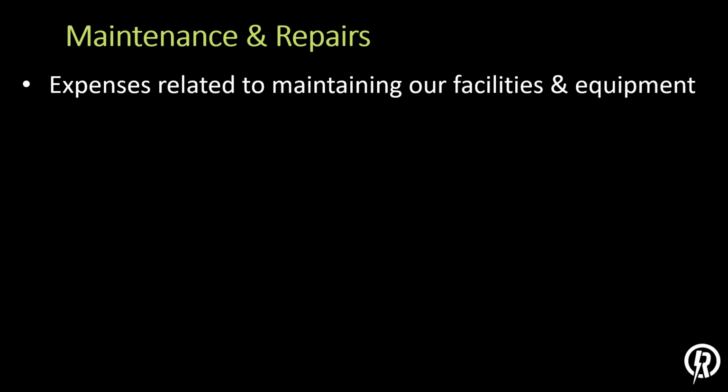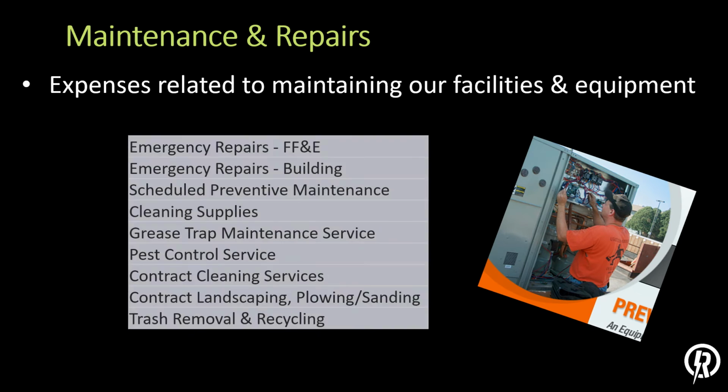Then the next one is maintenance and repairs, and this is all of the expenses related to maintaining our facilities and our equipment. Here you're going to see two different types of maintenance expense, and the key point is that for maintenance, what we want to be spending our money on is preventative maintenance, maintenance that's regularly done, because that's far less expensive than the other one, which is emergency expense.